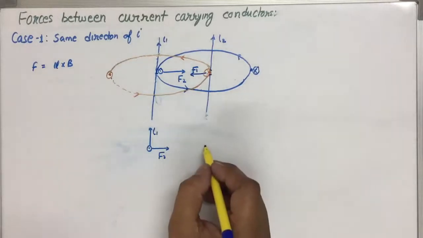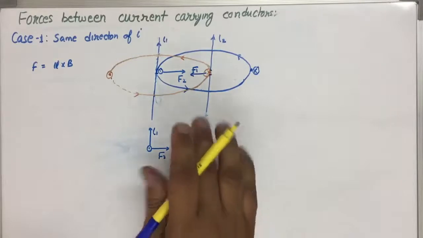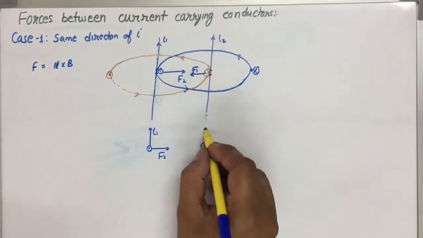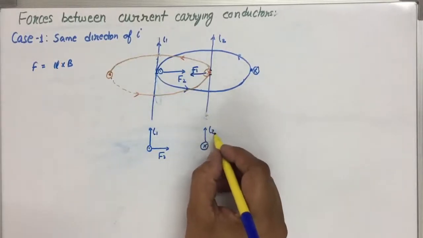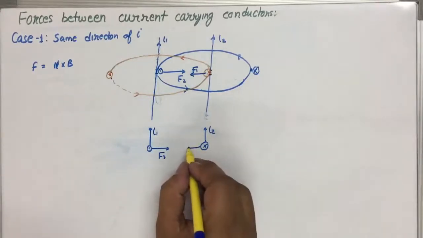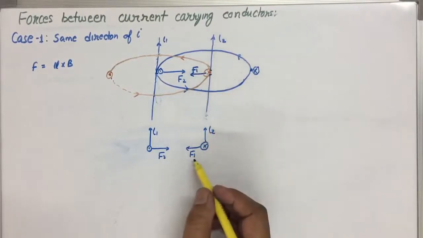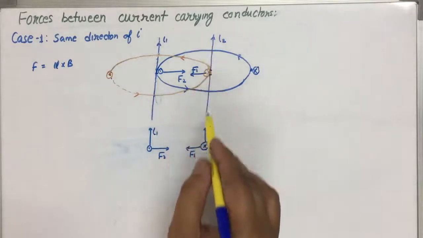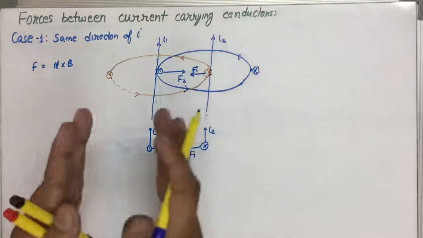And at this point, when the field is downward, the current is in this direction, then this is I2, this will be the force direction, that will be F1. So at this element, the force that is acting is F1, and at this element, the force due to this is acting F2. What we can find here, both are attractive.